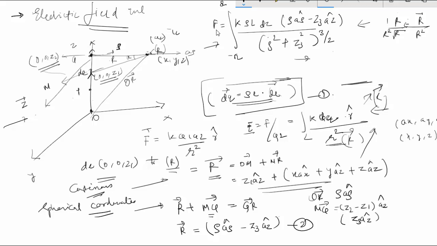You will get F is equal to k, integral from minus infinity to infinity of rho L into rho, which is this rho which you are getting here, into dz divided by rho square plus z3 square raised to 3 by 2.